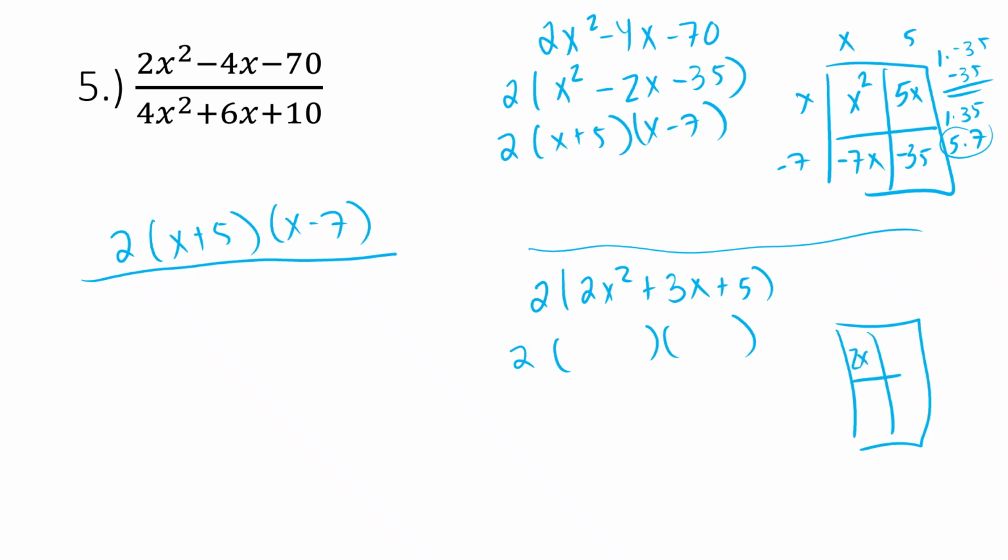We've got 2x squared, we have a 5, and then 2 times 5 is 10, so we're going to be working with 1 times 10 and 2 times 5. We want it to come out to a 3, which it can't, which means that I have a sign error.